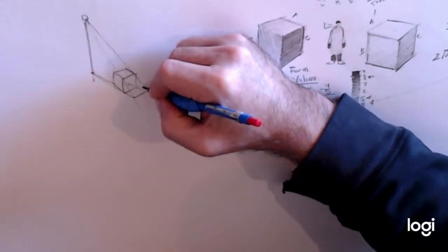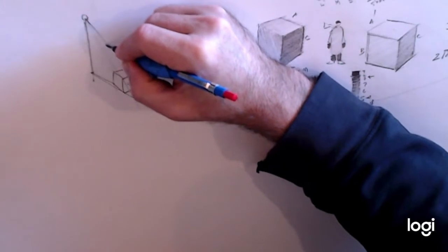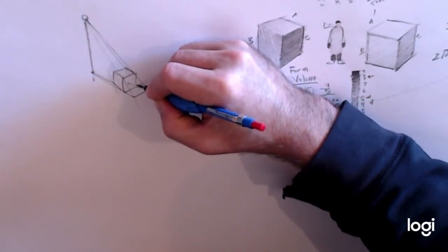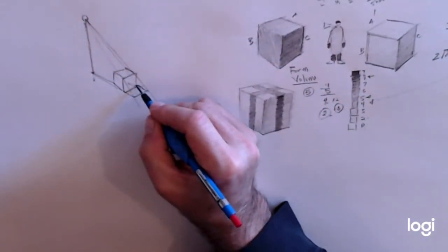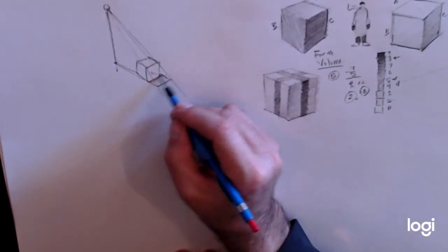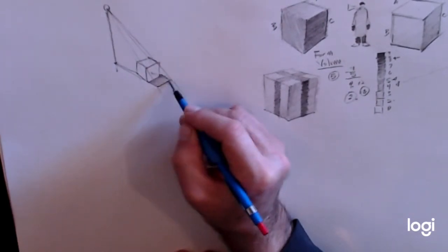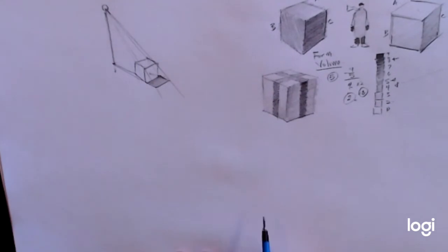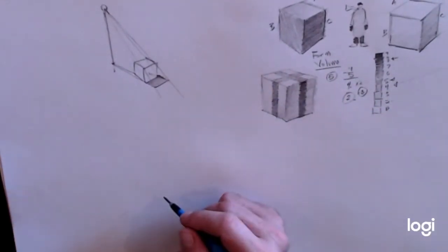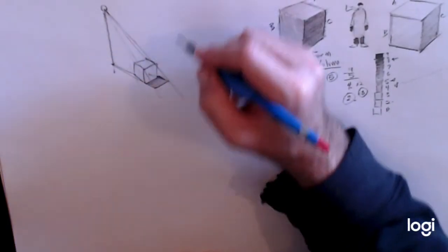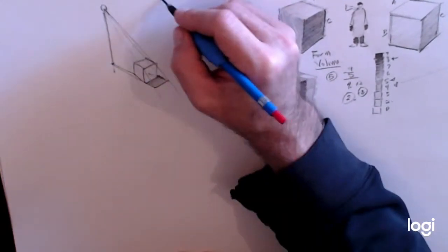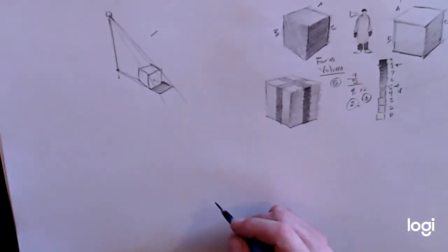And here is coming through here to there. Okay, and that's how we make a cast shadow. So we can add cast shadows to these. What you end up with in a cast shadow is a kind of a triangle. We'll do this again. Okay.